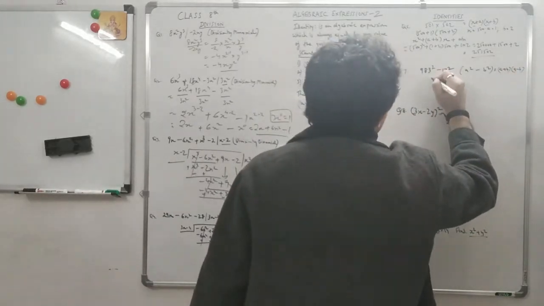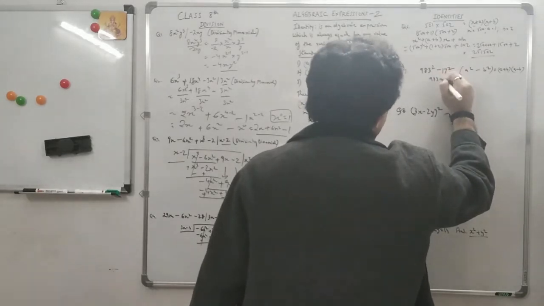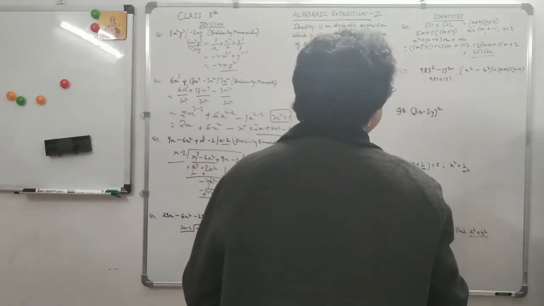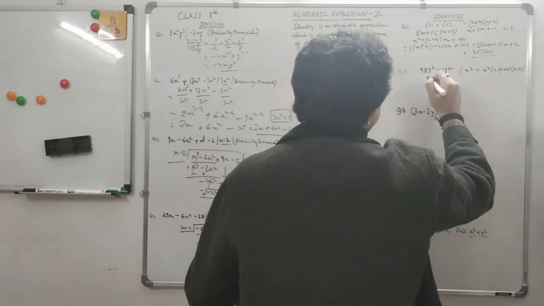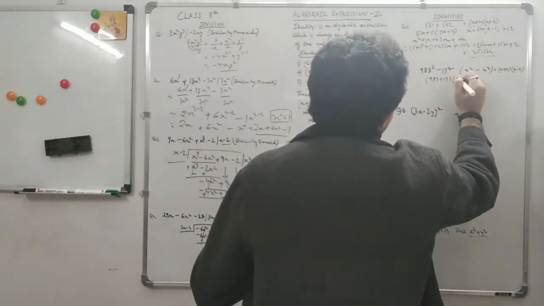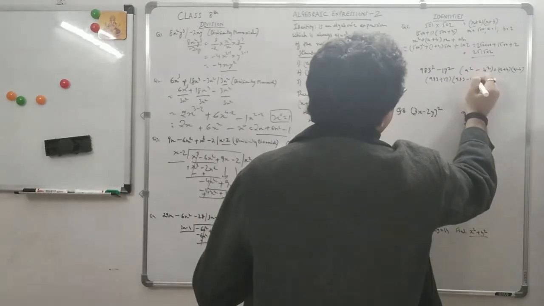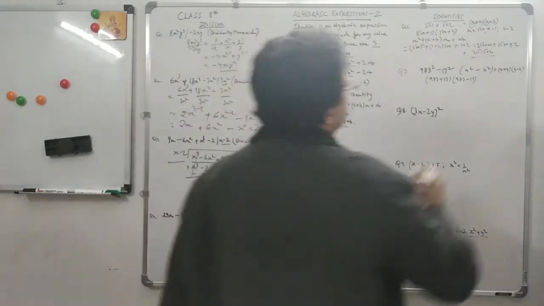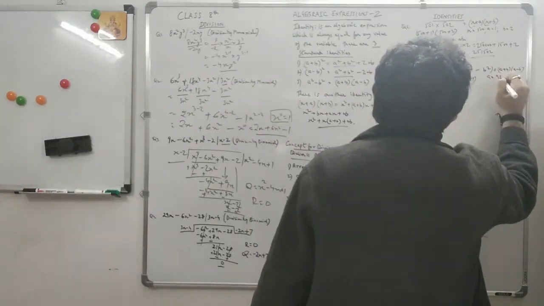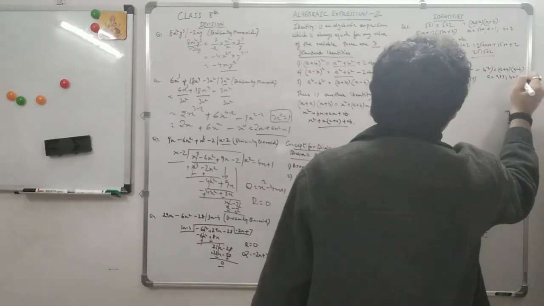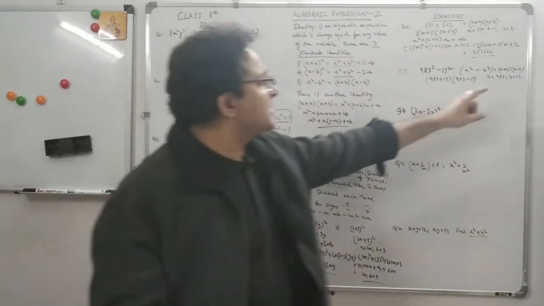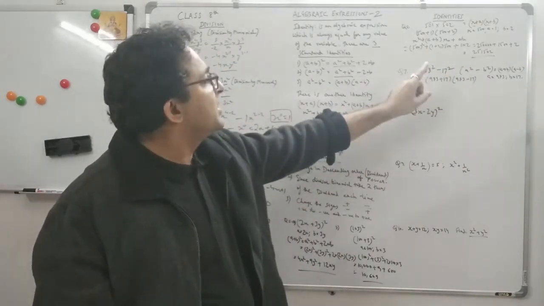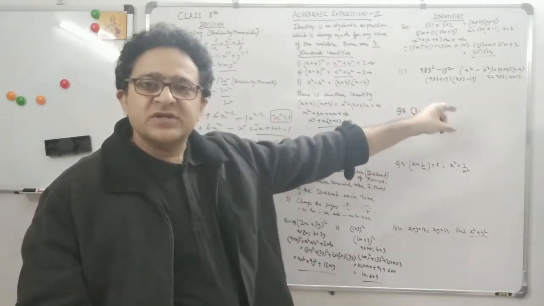So you can write this as 983 plus 17 into 983 minus 17, because a square minus b square is equal to a plus b into a minus b. So a is equal to 983, b is equal to 17. Because it's a form of a square minus b square, we can always put this as a plus b into a minus b. a plus b is how much? 1000.